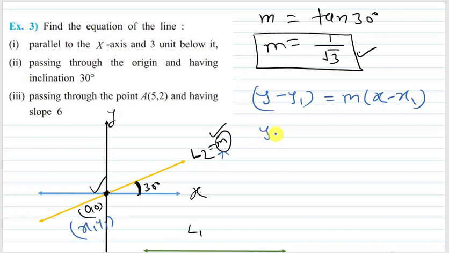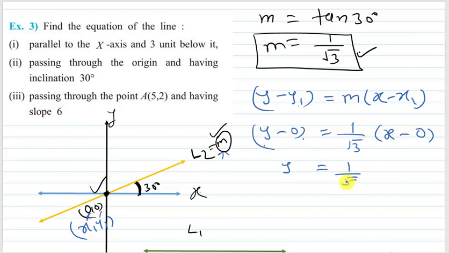Just put the respective values. So I will get y minus. What is the value of y1? It is 0. What is the value of m? It is 1 by √3. x minus, what is the value of x1? It is 0. y minus 0 is y, 1 upon √3, x minus 0 is x. Just multiply this √3 to the left hand side.